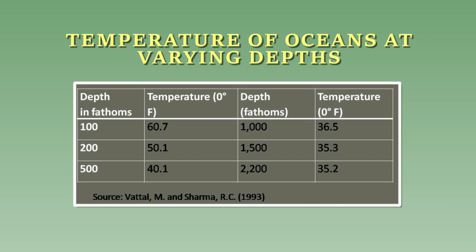Okay, now from here onwards, you see the temperature is decreasing very slowly. From 1000 fathoms to 1500 fathoms, it is only 36.5 to 35.3. Then when you reach 2200 fathoms, it is around 35.2. So the temperature decrease after 1000 fathoms is very less, not significant.